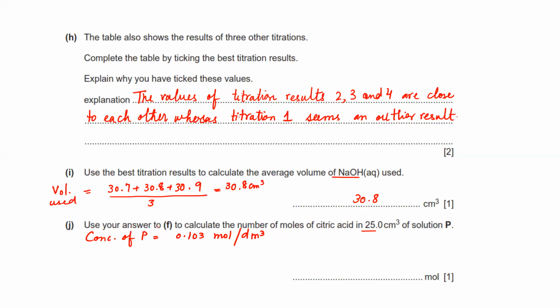So we have to basically calculate the number of moles of citric acid in 25 centimeter cube of solution P. So 1000 centimeter cube has 0.103 moles. 1 centimeter cube will have 0.103 divided by 1000 moles, and 25 centimeter cube will have 0.103 divided by 1000 into 25.